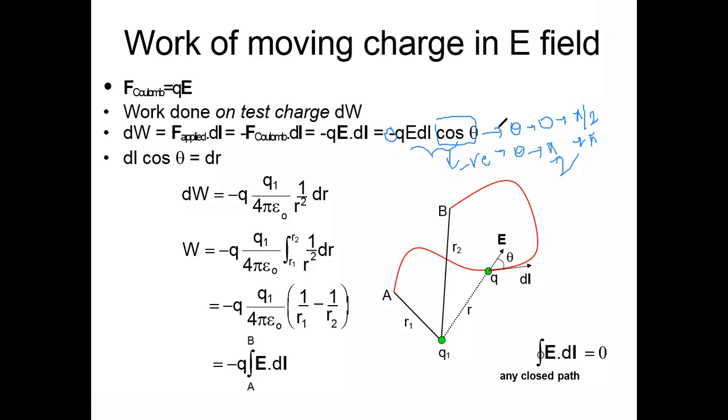If it is more than 90 degrees, you are moving against the field. So work is done by some external force. To overcome the force of the electric field, QE, you are putting in some external force which overcomes it. So this work is done by the external force.